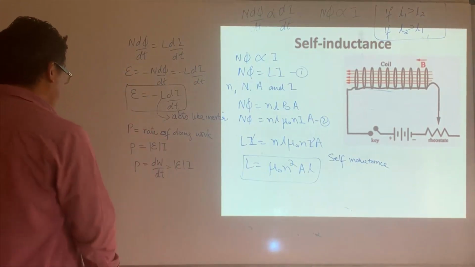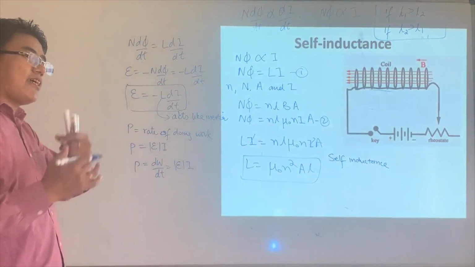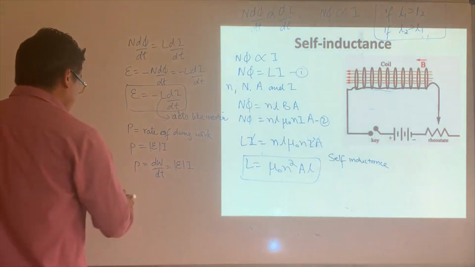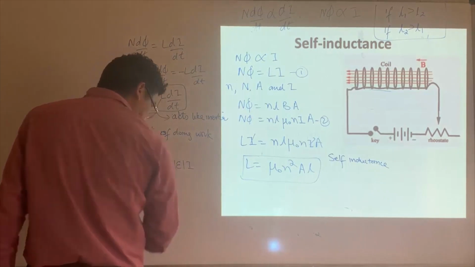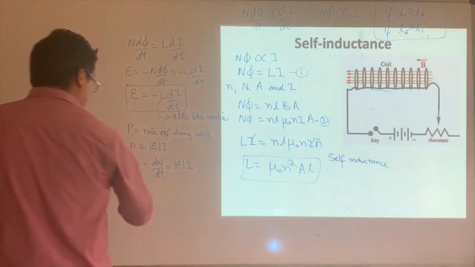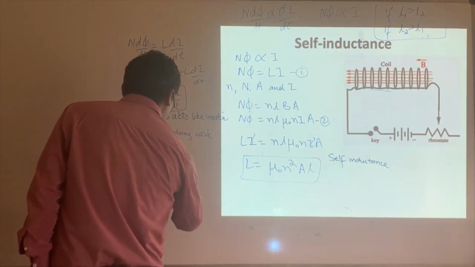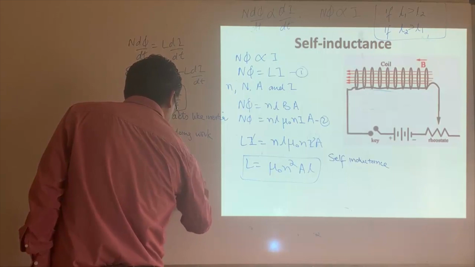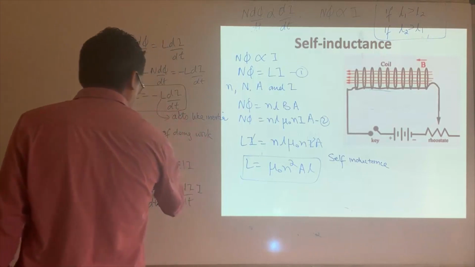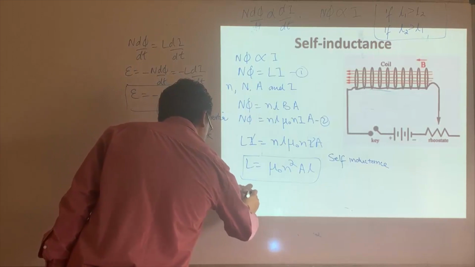Now let's try to figure out how it resists the change. When it tries to resist the change, there is an opposing, restoring force or restoring work, right? So therefore dW by dt is equal to L di by dt times I. I substitute the value of this, now these two cancel out, and dW is equal to L I di.